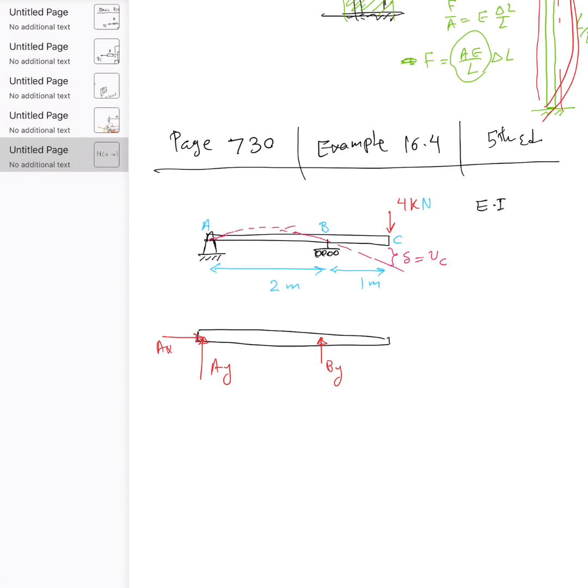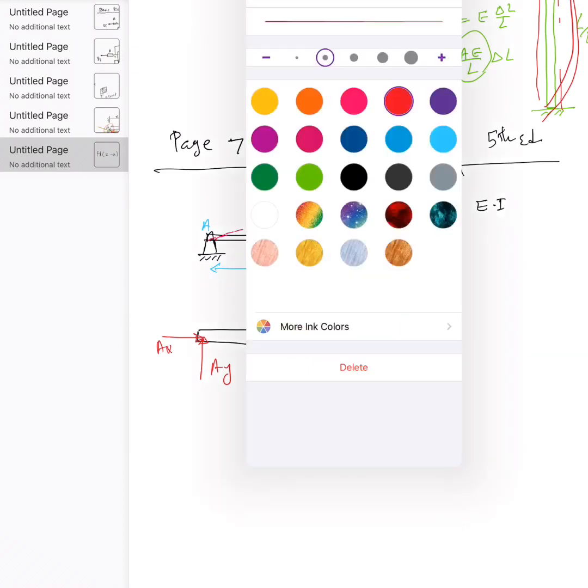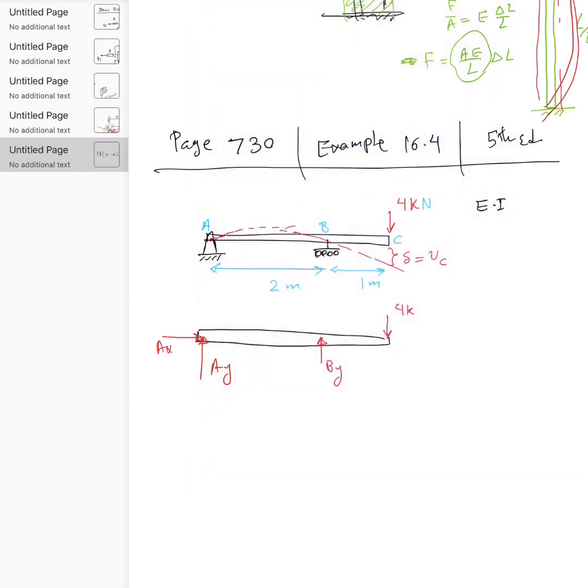And then you're gonna get a 4K right here. So I just go ahead and write moment equation about point A is 0. That's going to give me By times 2 negative 4 times 3 is equal to 0.